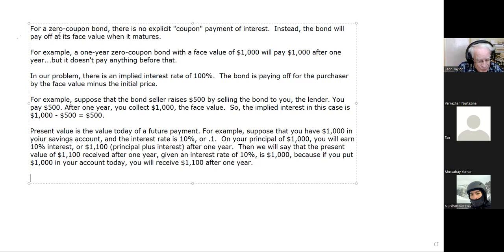Okay, so as you remember, our formula for present value consists of the future value, call it A, divided by 1 plus R to the power n.